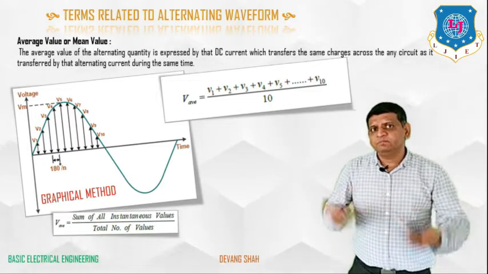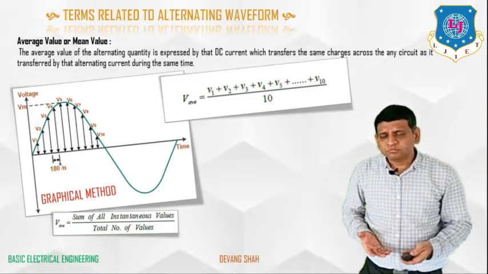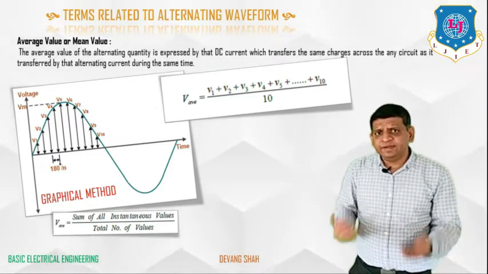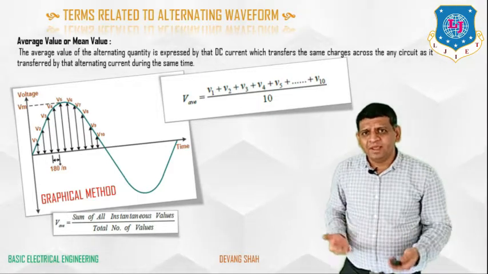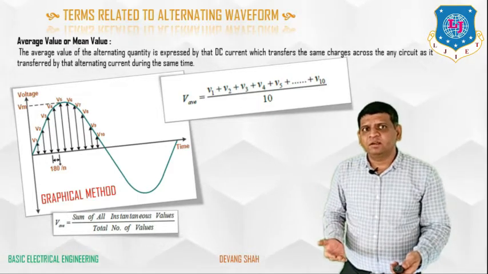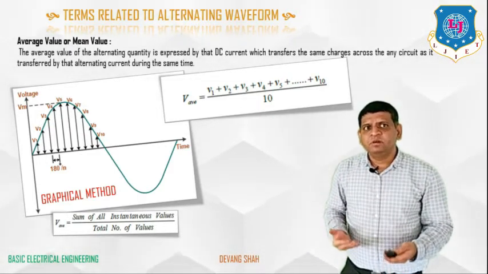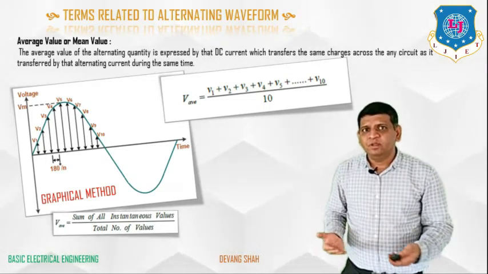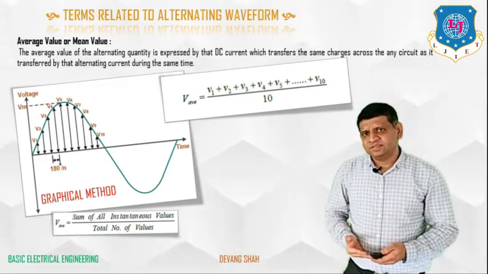That's how it's averaged out, right? The average value of the alternating quantity is expressed by that DC current which transfers the same charge across any circuit as is transferred by the alternating current during the same time, right?